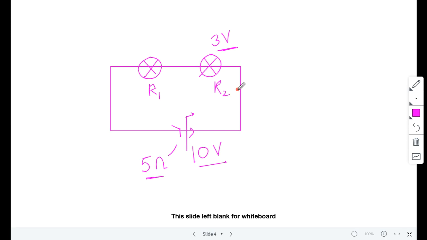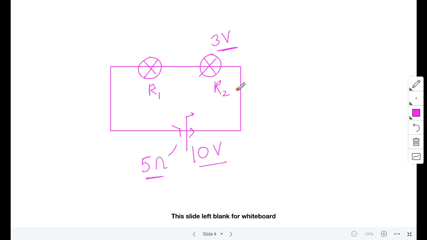So V equals IR, and then I equals V over R. So I is equal to 10 over 5, right? So that should be 2.